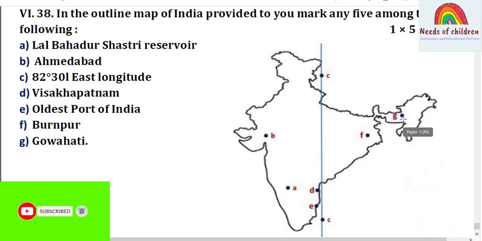Burnpur is from India major industries. So in paper 1 they have asked Ahmedabad, Vishakhapatnam, the oldest port of India, and Guwahati: 4 places from transport and communication, one from India water resources, one from geographical position and physical features, and one from India major industries. So that's it about paper 1.